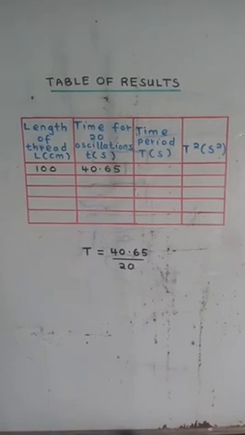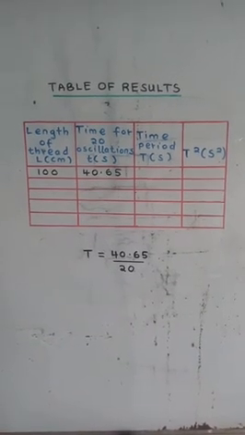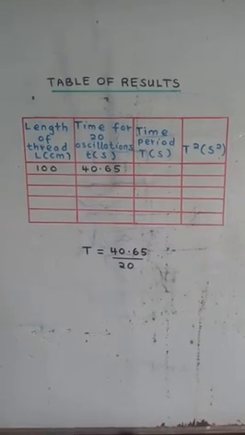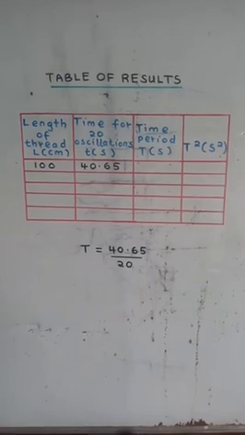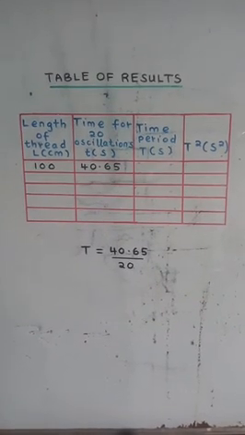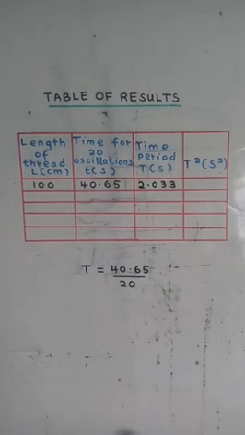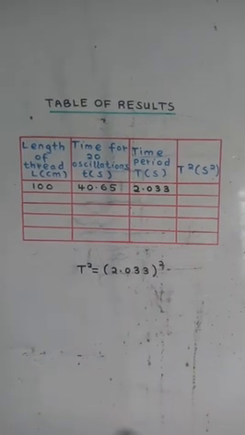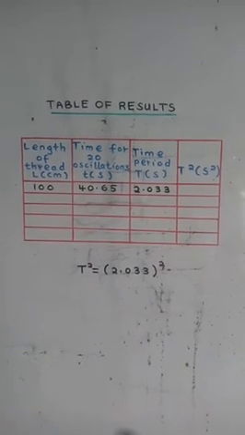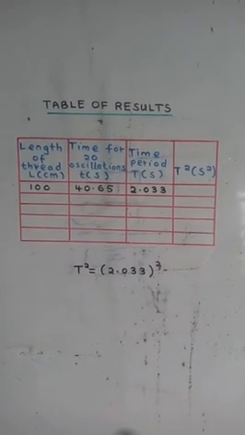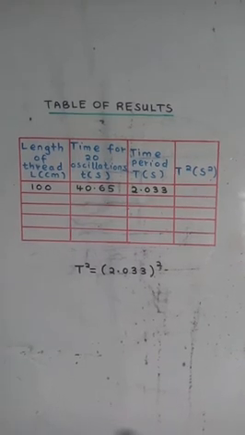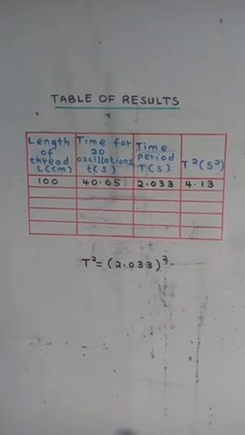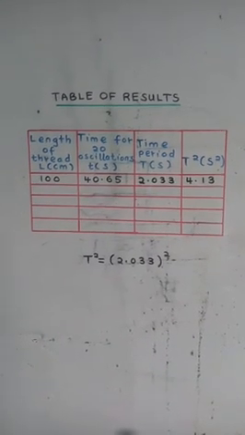Time period for one oscillation is equal to 40.65 seconds divided by 20 oscillations, which is equal to 2.033 seconds. Then time period square is equal to 2.033 square, which is equal to 4.13 second square.